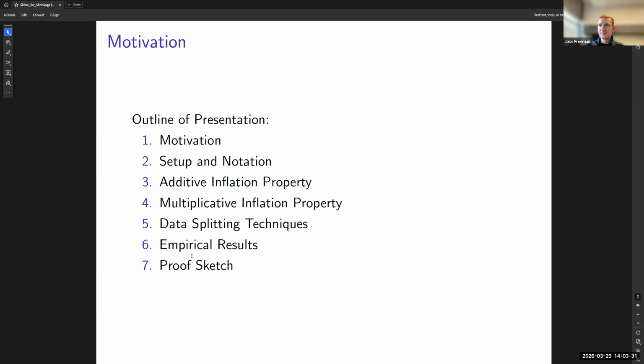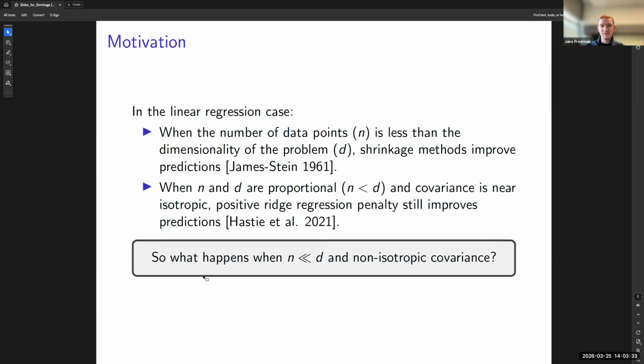So the first thing that people have seen a lot about is linear regression. And the idea in this work is to talk about what happens when our number of parameters really exceeds our number of data points. So classically, we're going to call the number of data points n, and the dimensionality is going to be d.